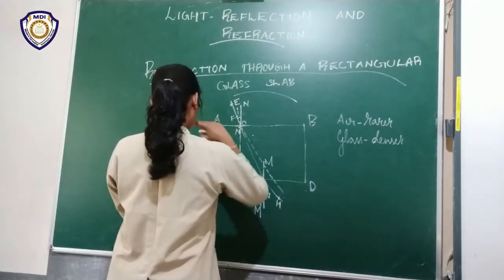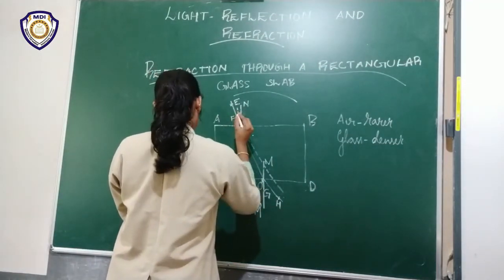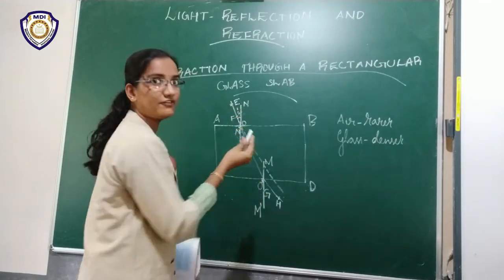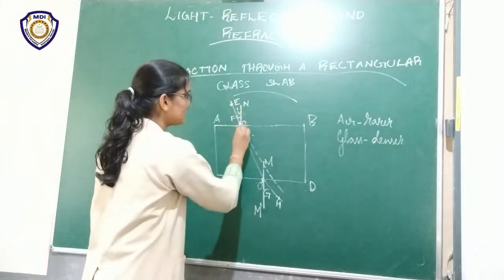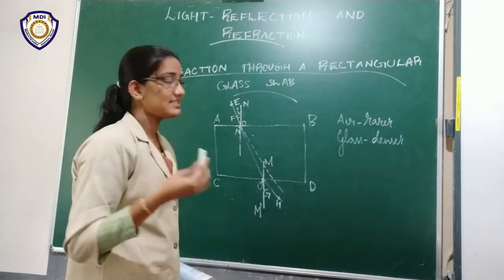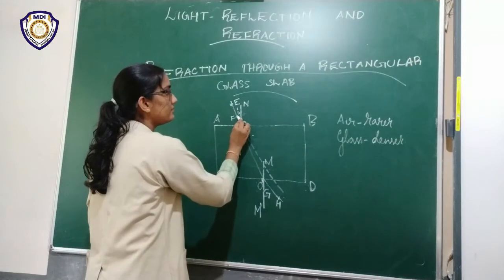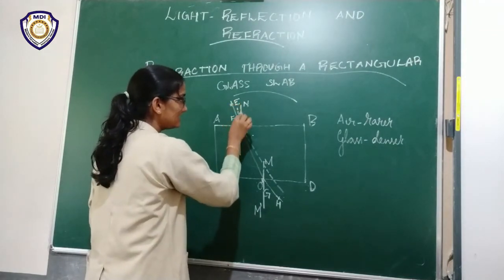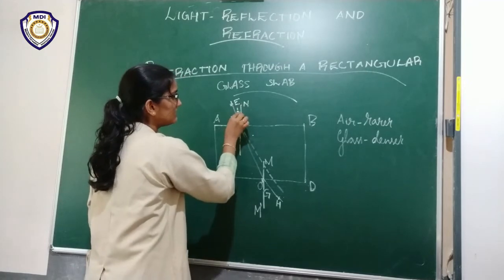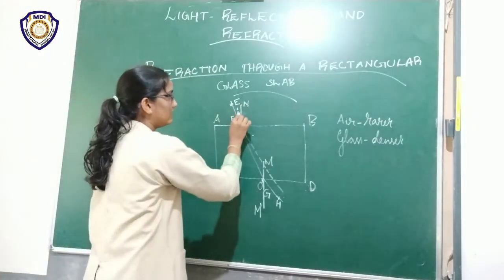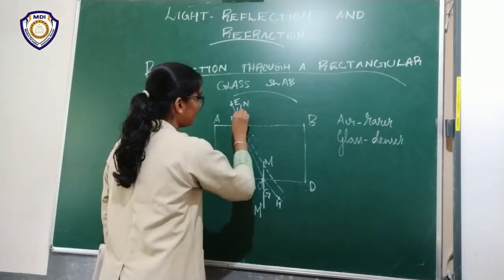The angle of incidence means the angle between the incident ray and the normal. So we denote the first angle of incidence as I1.